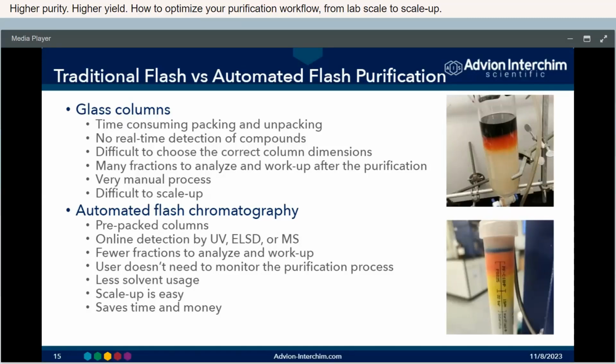It's something that you can press play on and walk away and do other laboratory tasks. It has the added advantage of using less solvent than the glass columns. Scale up is generally much, much easier in automated flash. And again, overall, it saves time and money, which is very important to the average organic chemist.